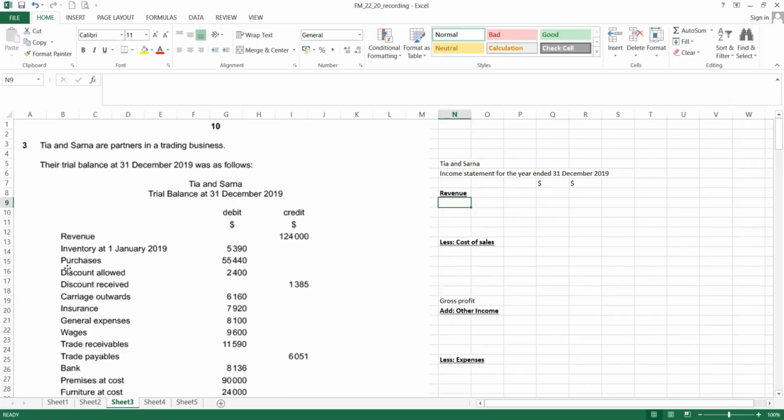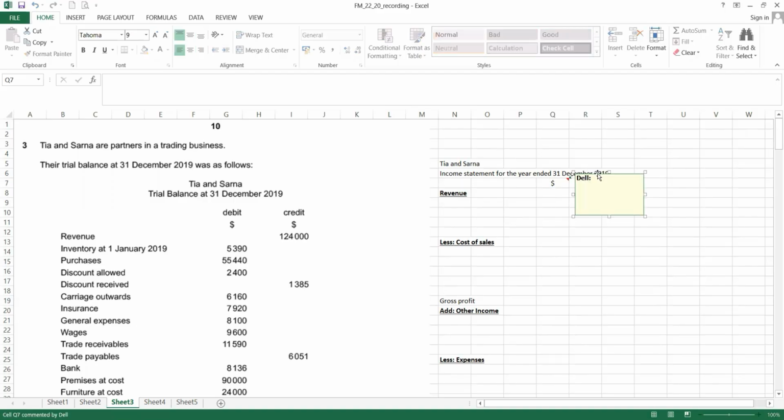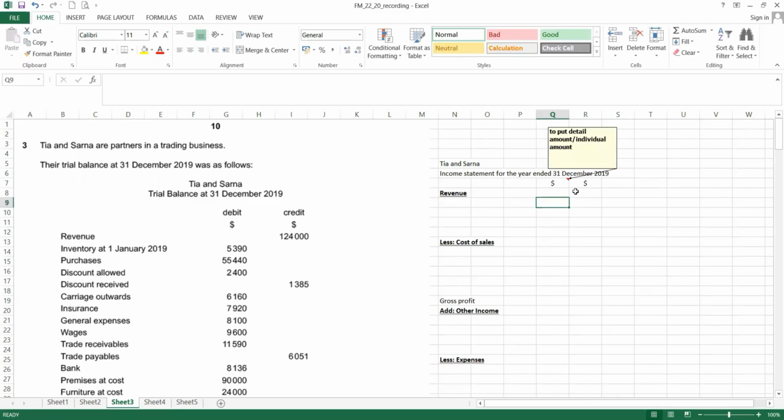So see what the items are. These 2 columns, take note, are not about debit and credit. The first column is to put the detailed or individual amounts. Quite often people ask, is this a debit, is this a credit? No, the income statement is not about debit and credit here.